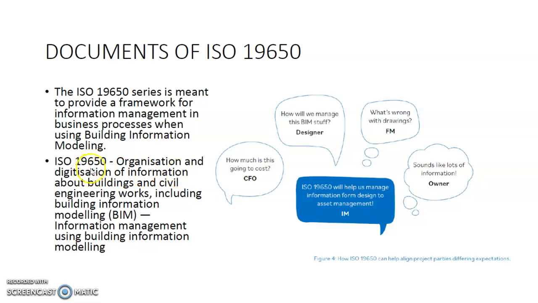So the standard basically tries to bring organization and digitization of information in relation to buildings and civil engineering works that include BIM. So it's information management using building information modeling.